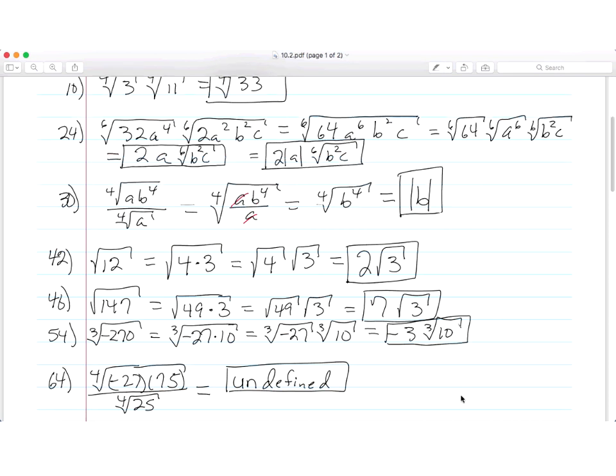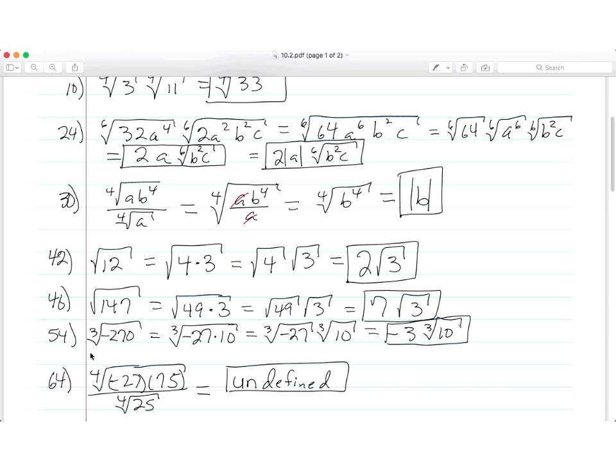Let me do problem number 64. The 4th root of negative 27 times 75 over the 4th root of 25. Well, negative 27 times positive 75 is a negative number.